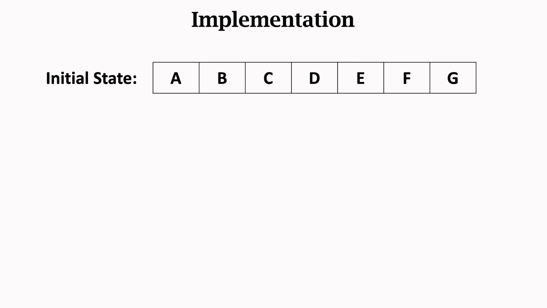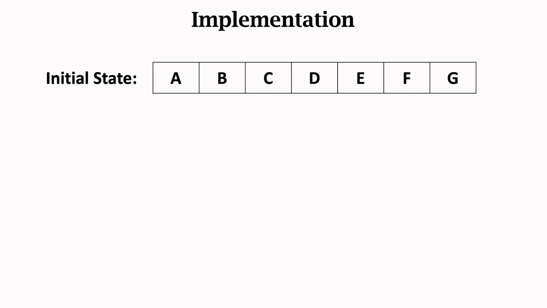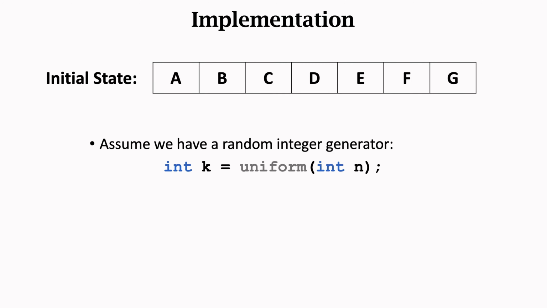Let's implement the original version and then analyze its time complexity. The original version is simple and straightforward, but it is slow. The input is an array filled with n elements. Our objective is to randomly shuffle the elements. To perform random permutation, we need a random number generator.